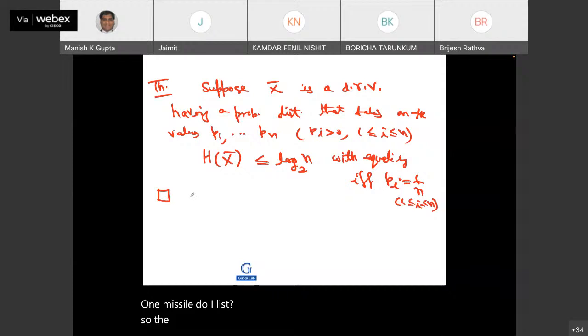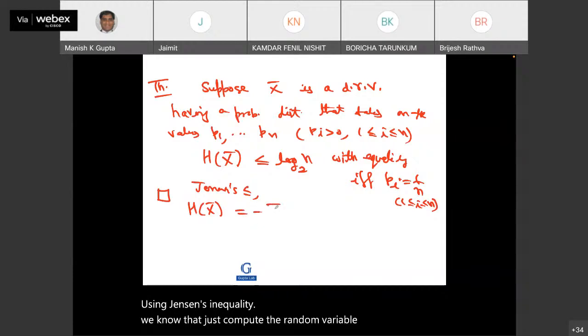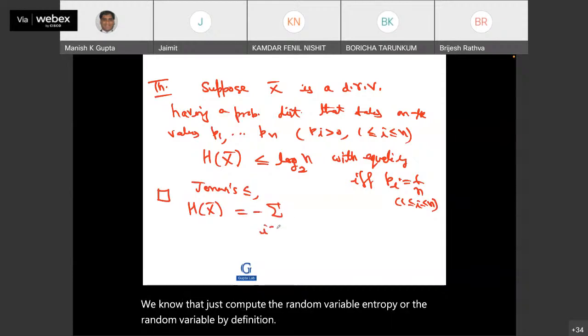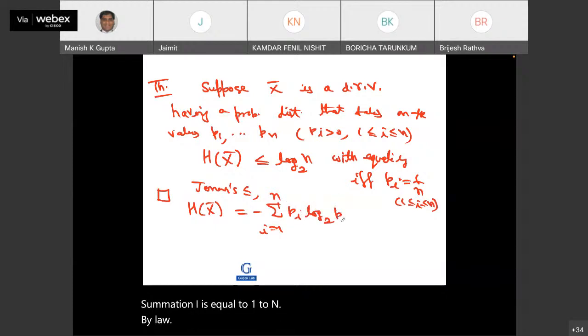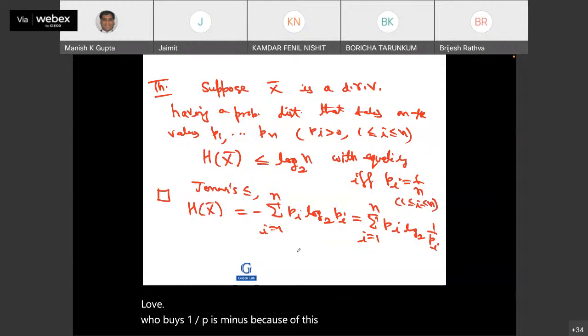So the proof is very simple, using Jensen's inequality. Just compute the entropy of the random variable by definition: minus the summation i equals 1 to n of Pi log base 2 of Pi. This is the same thing as the summation of Pi log base 2 of 1 over Pi, because of this minus, we are taking it inside.